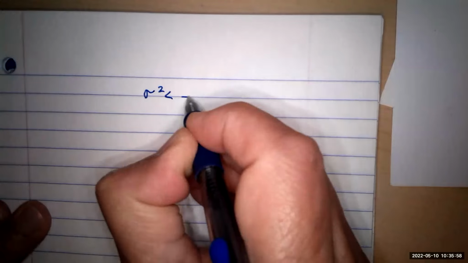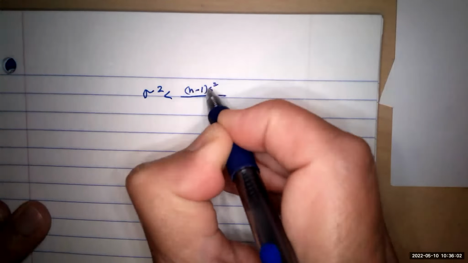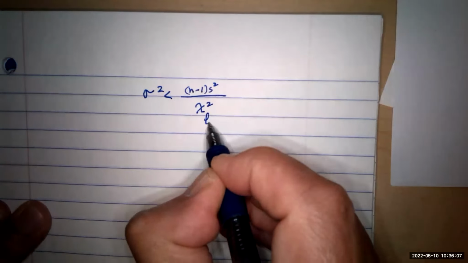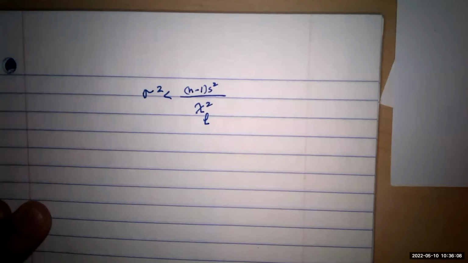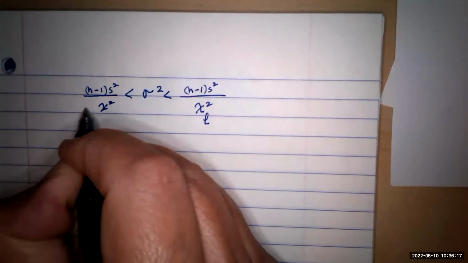The formula: sigma squared is less than n minus 1 times s squared over the chi squared. This is the right one, but we have to use the left. So this is going to be n minus 1 times s squared over the chi squared, again this is left.